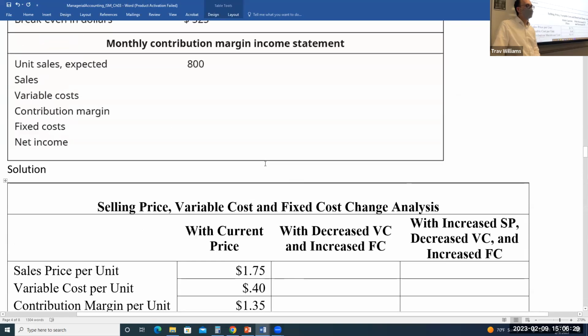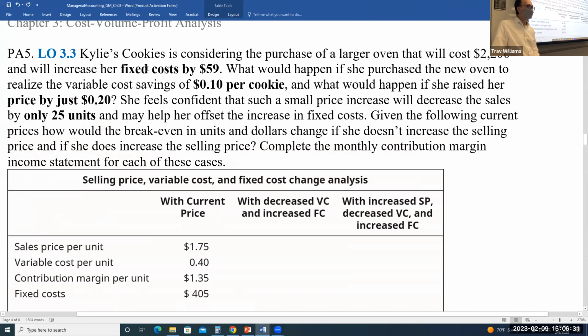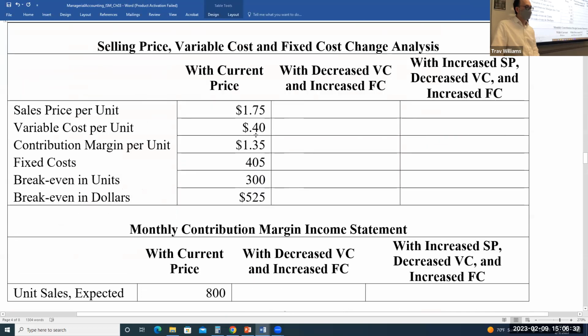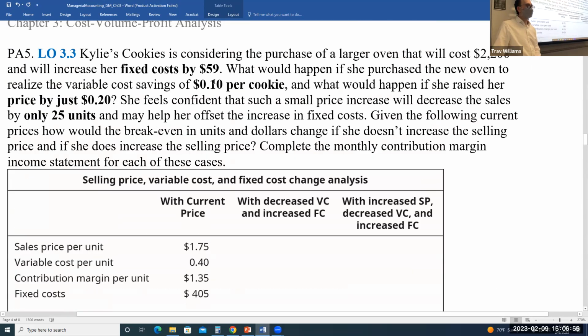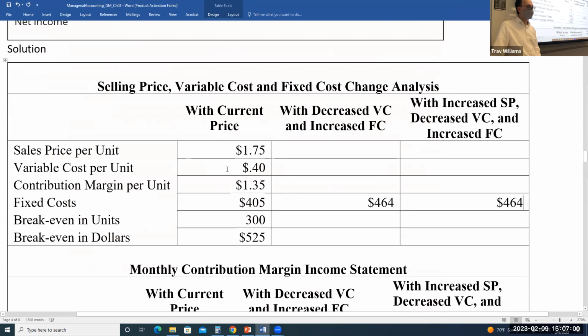Let's add in the things that are changing. So we have fixed costs going up by $59. So instead of 405, it's going to be 464. Oh, I guess that needs a dollar sign too. And here we have the increased fixed costs as well. We also have variable costs going down 10 cents per cookie. So it goes down to 30 cents in both of these scenarios.